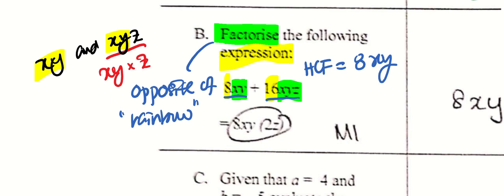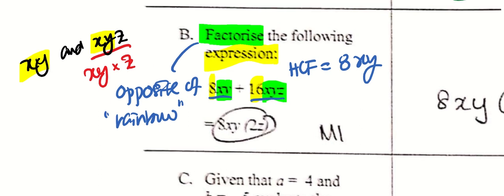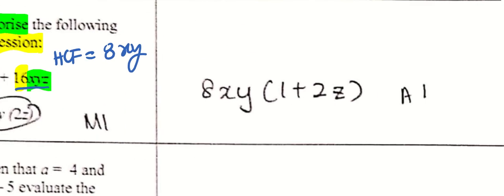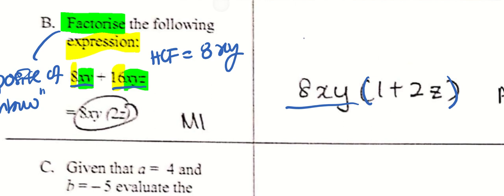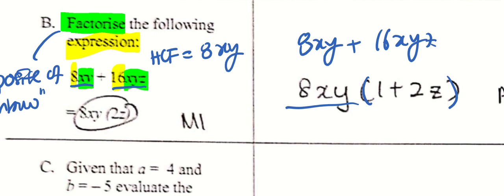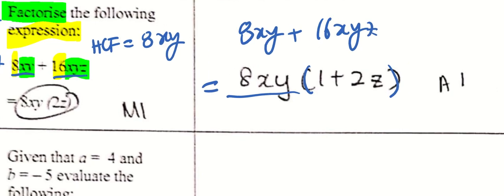Okay, so if I were to factorize that out, maybe I should just show you the working. Yeah, this is the common factor, and then whatever is left in the bracket is 1 plus 2z. Maybe I should write down the original question on top so that you can see it. 16xyz. Right, this is equal to this.